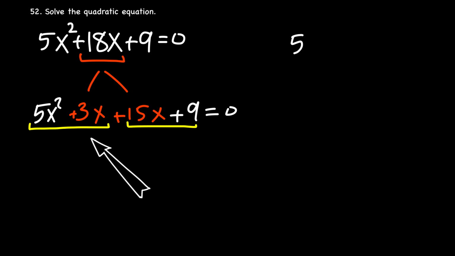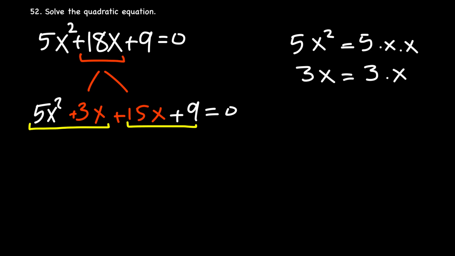Looking at the first group, we can see 5x squared, which is basically 5 times x, and 3x is basically 3 times x. From here, we can take x as the greatest common factor, and we will write x(5x plus 3).